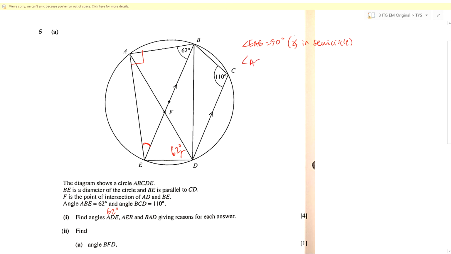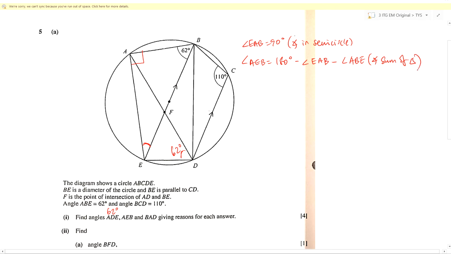Only then we move on to find the required angle. Angle AEB will be 180 degrees minus, label down the angle EAB and minus away the other angle ABE. State your reason. So over here we have angle sum of triangle.